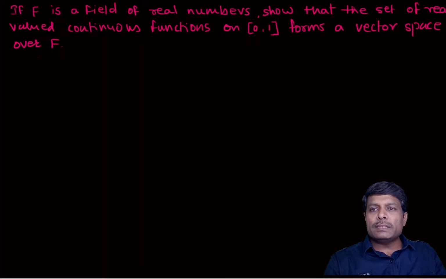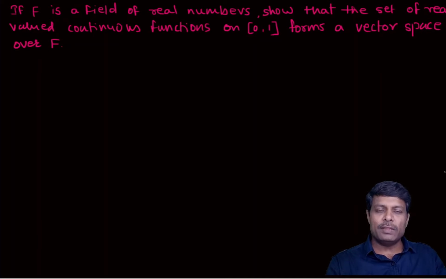The problem is: if F is the field of real numbers, show that the set of real valued continuous functions on the closed interval 0 to 1, the unit interval, forms a vector space over F.